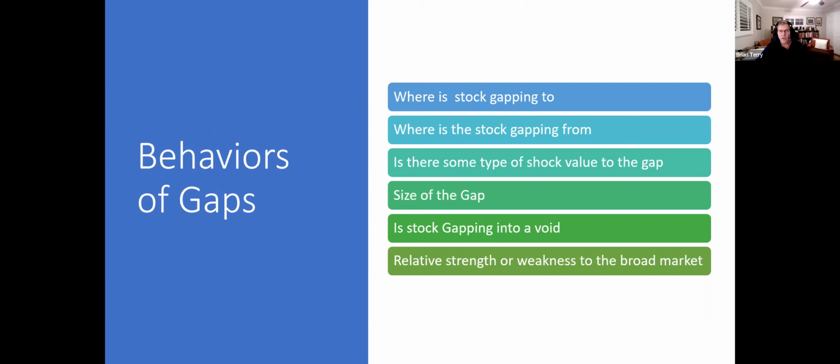The first one is, where is the stock gapping to? It could go up or down, but where is it in terms of the long-term chart? The second piece is, where is it gapping from? And we'll talk about that.